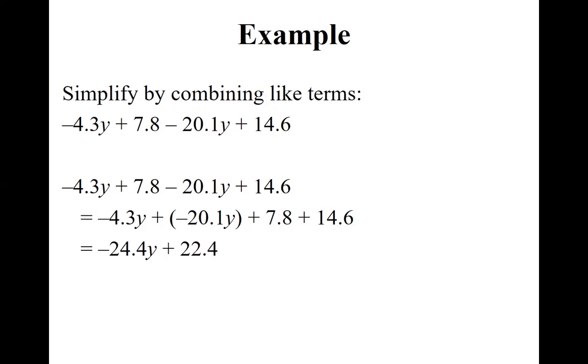And then 7.8 plus 14.6 is 22.4. So negative 24.4y plus 22.4. We don't add those numbers together because those are not like terms. Y's can only be added with y's. Constants can only be added with constants.